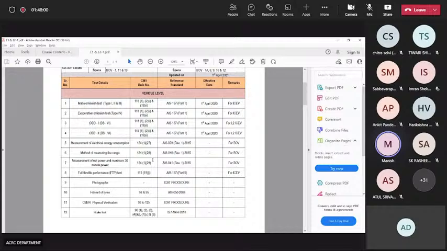So they basically check the range of the vehicle in the IDC, the Indian Drive Cycle. Whatever range we are getting in all the vehicles, whether it's Ola or any other, you normally see the ARAI defined range. IDC has a top speed of 42 km per hour.